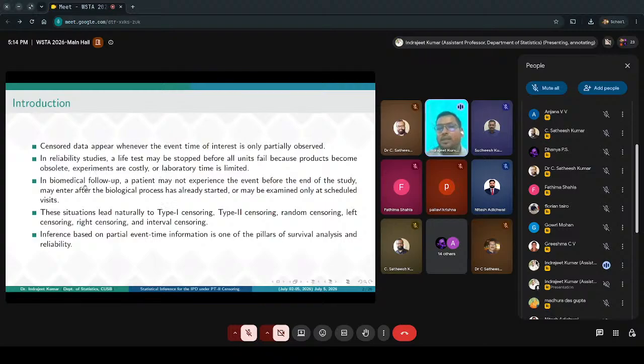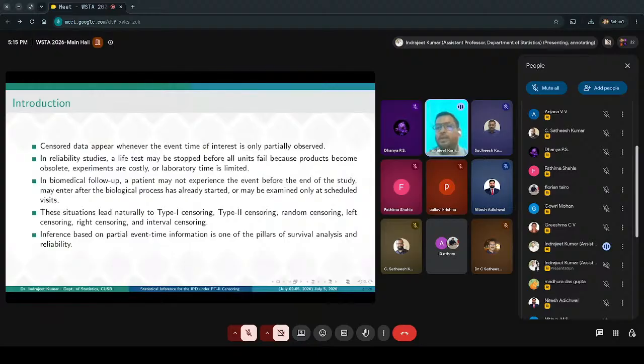Censoring can be of two types: intentional or unintentional. Unintentional means it may happen accidentally or randomly. Intentional censoring occurs when we do not have sufficient time to continue the experiment, for example if we have to close the experiment within 2 hours. We are forced to stop the experiment.